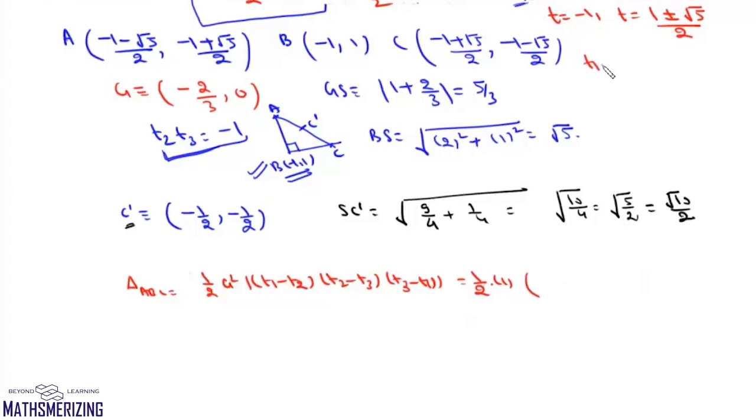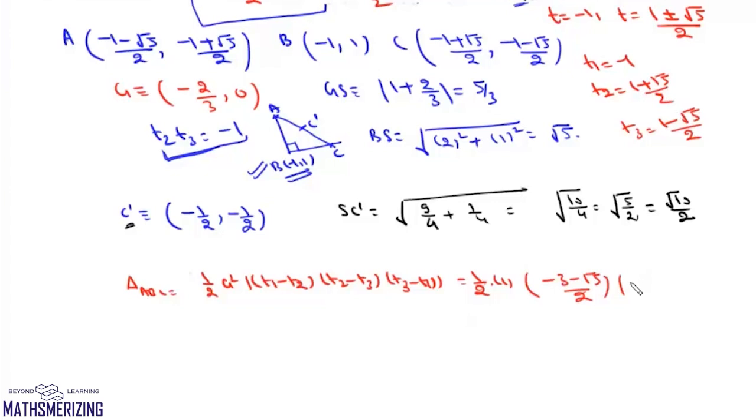Now here t1 is minus 1, t2 is (1 plus root 5) by 2, and t3 is (1 minus under root 5) by 2. Now what's t1 minus t2? t1 minus t2 will be (minus 3 minus root 5) by 2, and then t2 minus t3.